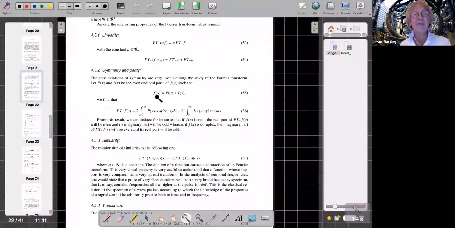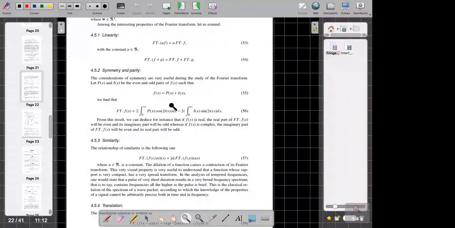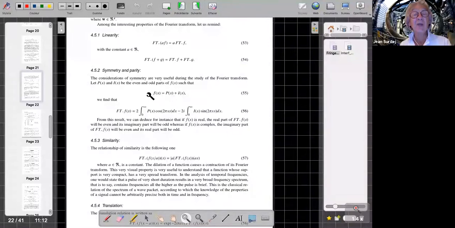Any function can be represented by this expression. If you'd like to get convinced, you write f of x, then f of minus x, and you will find that it is equal to P of x minus I of x. Then you can either add the two lines or subtract them, and you will find that indeed any function can always be represented as a summation of an even and an odd part.